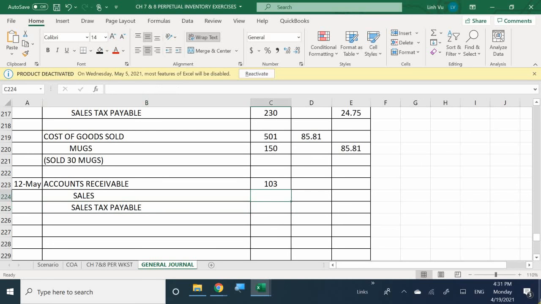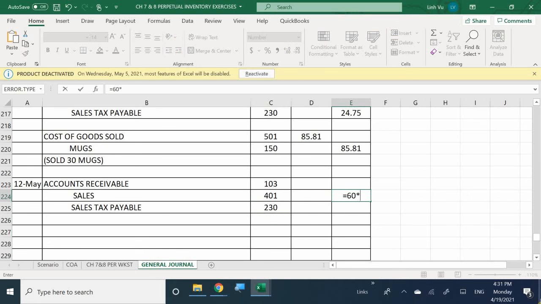Okay. So sales was account 401. Sales tax payable was account 230. Okay. Now we sold 60 mugs, okay, at $10 each. So how much is my total sales? What's 10 times? 600. 600.